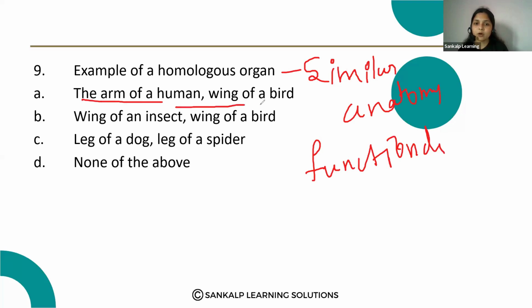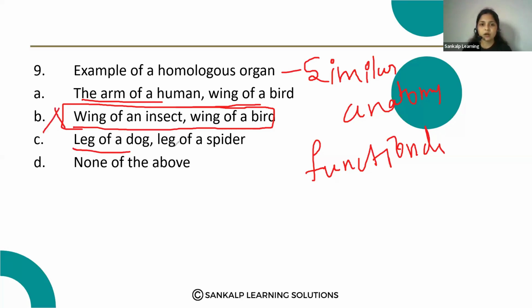The arm of a human and the wing of a bird, or the wing of an insect and the wing of a bird, perform the same function, but homologous organs do not perform the same function. So option B is wrong. The leg of a dog and the leg of a spider are both used for movement, so that is also not correct. The arm of a human and the wing of a bird have similar anatomy, with the radius and ulna in their forelimbs, but their functions are different. So option A is the homologous organ.